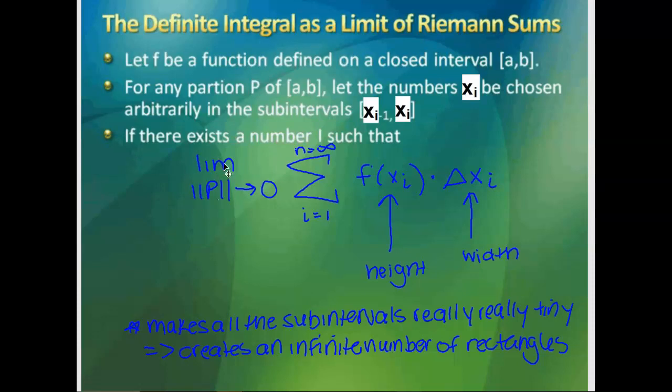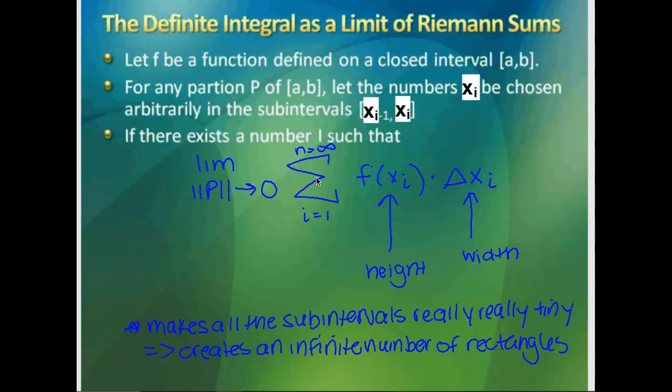So this is the limit of the magnitude of P, the norm of the partition, as it approaches 0.